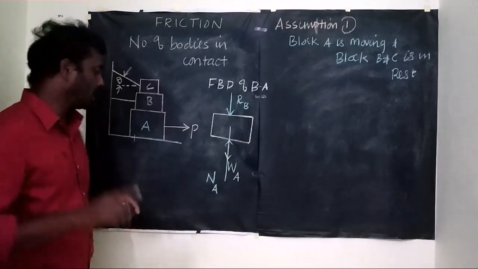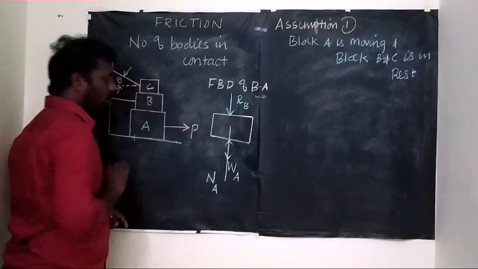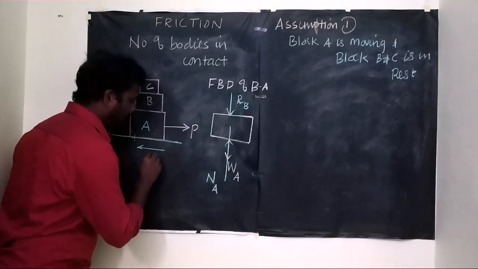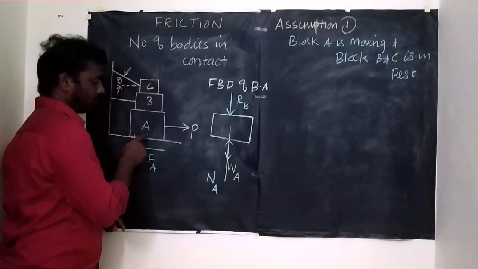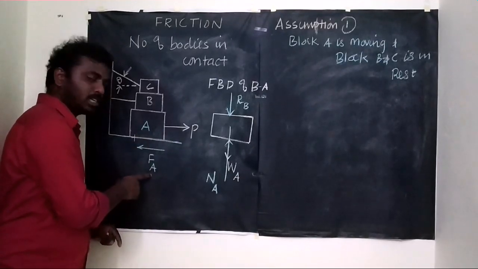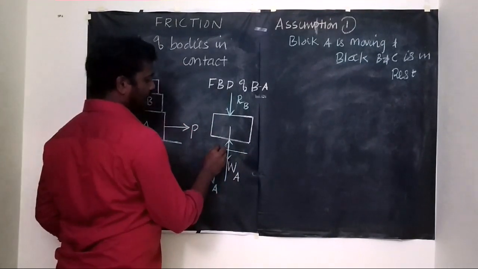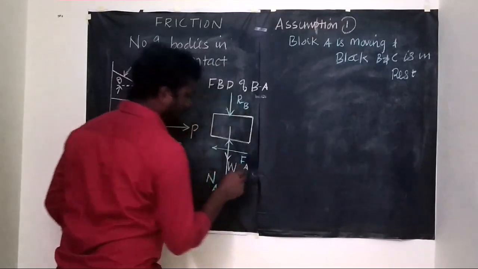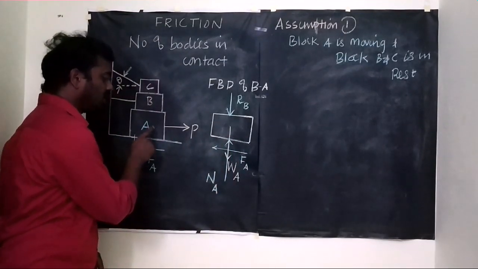That friction depends upon the surface finishing of block A. So due to movement of block A, the limiting friction force acts in this direction, capital F suffix A. A represents that the limiting friction force value depends upon the surface finishing of block A.